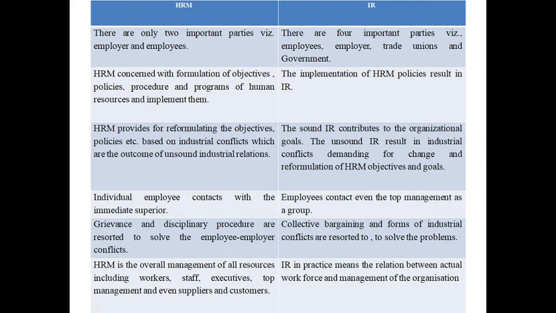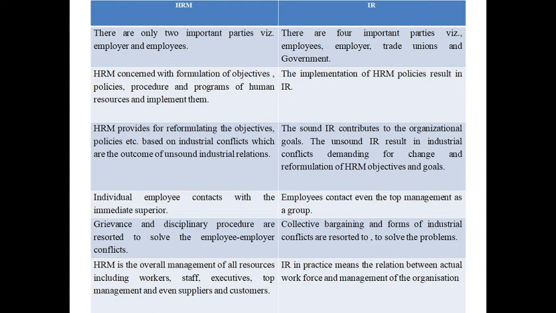So the employees who are presently working in the organization may not like the policy of the employer, and thereby they may resist it in various ways, and that may result in some conflicts between the employer and employee. So that is an example related to implementation of HRM policy.